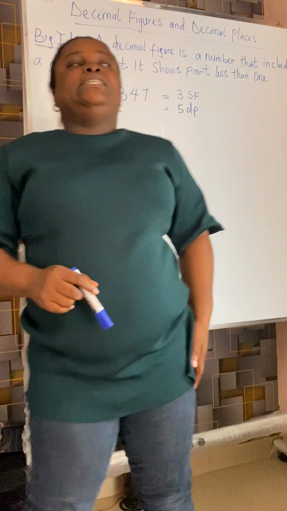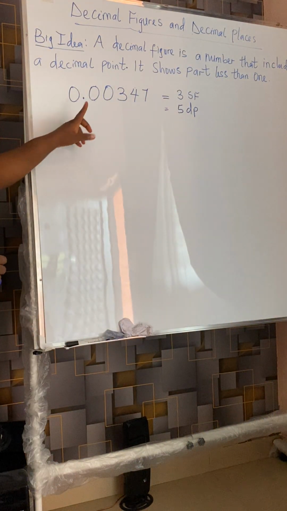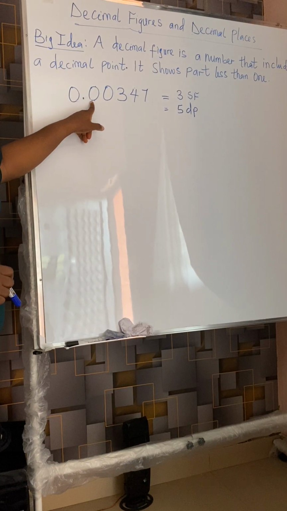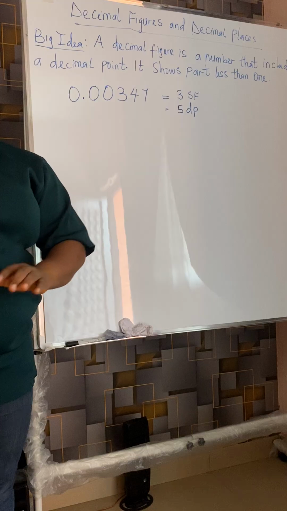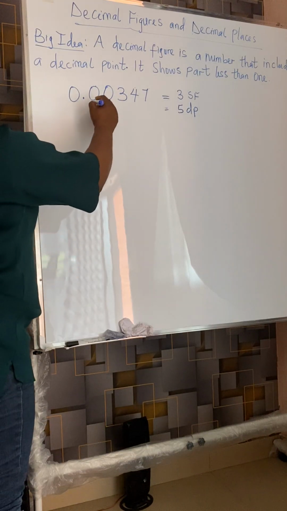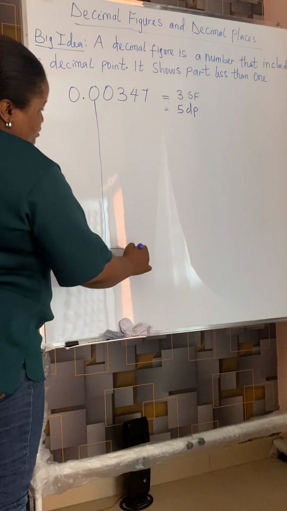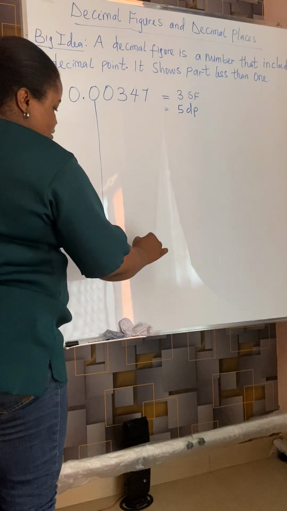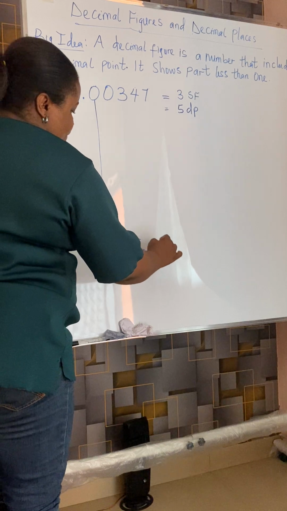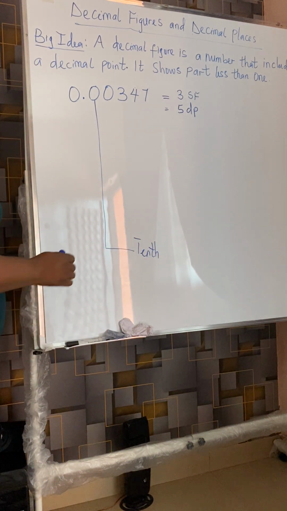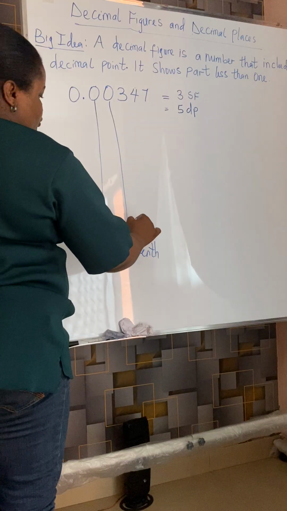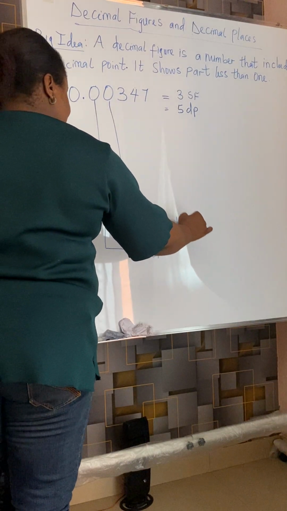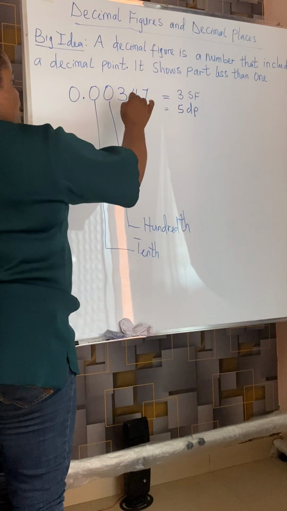All right, so let's arrange this, please. I'm interested in the places from this point here, after the decimal point: 1, 2, 3, 4, 5. That's my interest. The first house, immediately after the decimal point, my dear, is the tenths. This is the tenths, and this is the hundredths. This is the thousandths.